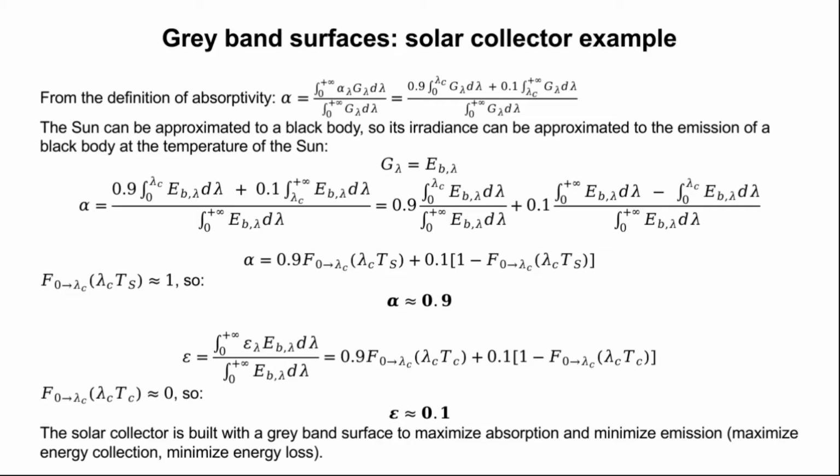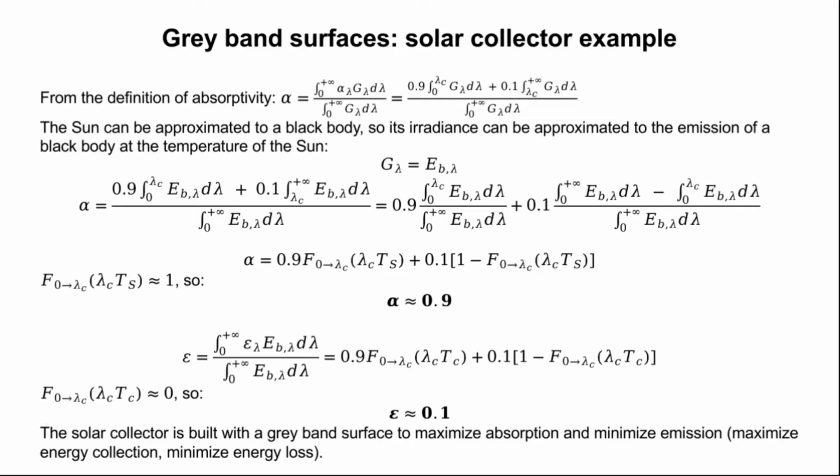We can apply the definition of hemispherical total absorptivity to find alpha. It is equal to the integral over the whole wavelengths range of alpha lambda times g lambda over the same integral of g lambda only. Due to the surface properties of the collector, the numerator can be split into two parts. Alpha lambda is constant and equal to 0.9 for wavelengths up to lambda c, and it is equal to 0.1 for the remaining part of the integral.